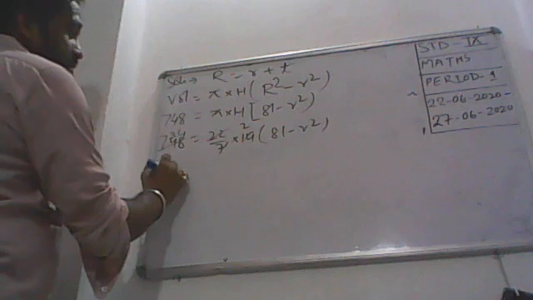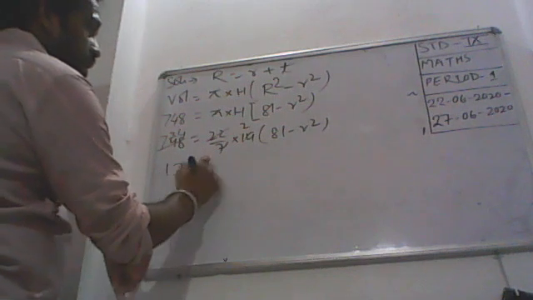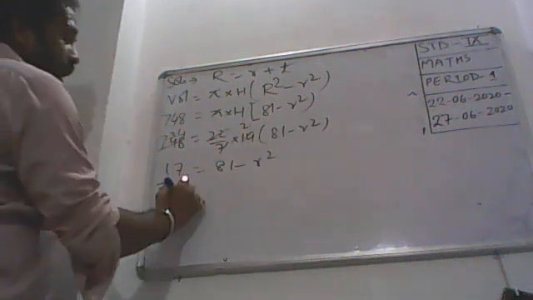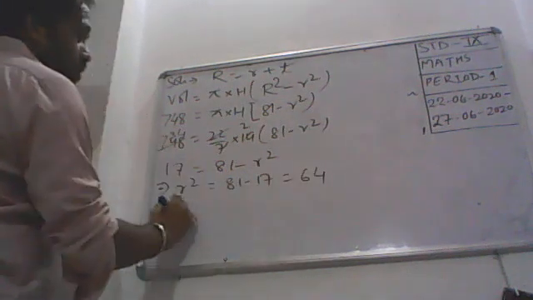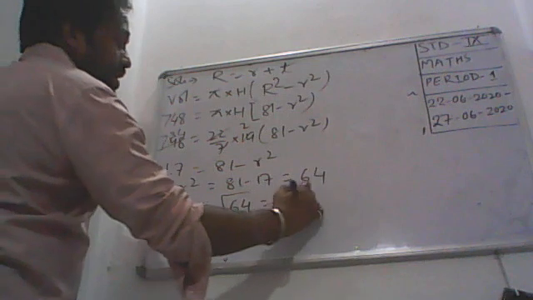That means 17 is equal to 81 minus r square. So r square is equal to 81 minus 17, that is 64. So r is equal to root 64, that is 8 centimeter.